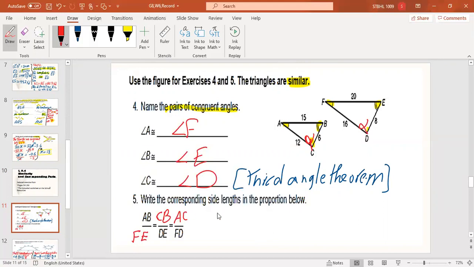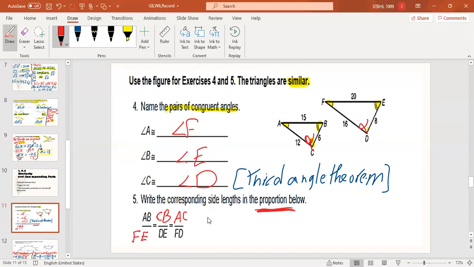Write the corresponding side length in the proportion below. What does proportion mean? Proportion means ratios are equal to each other. A proportional relationship consists of 2 or more ratios equal to each other.